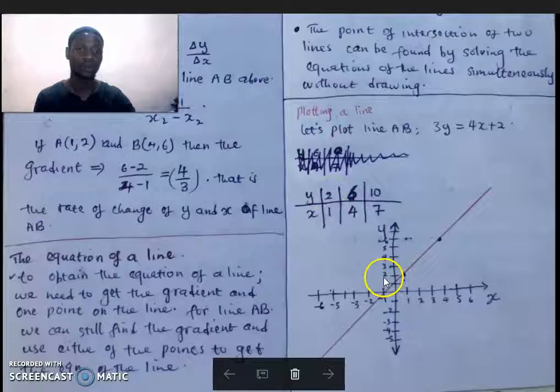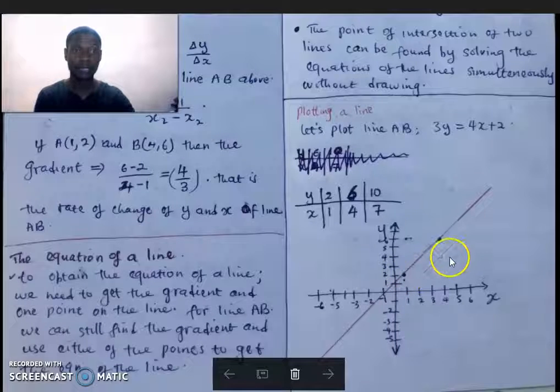So we're going to look at where 2 is, then we find 1 on the x-axis. So this is our point x, y, which is 1, 2.